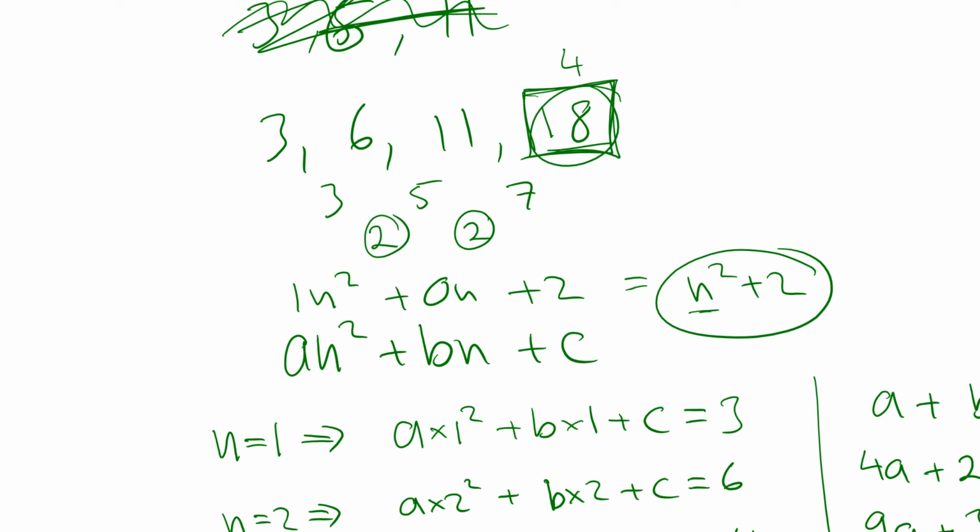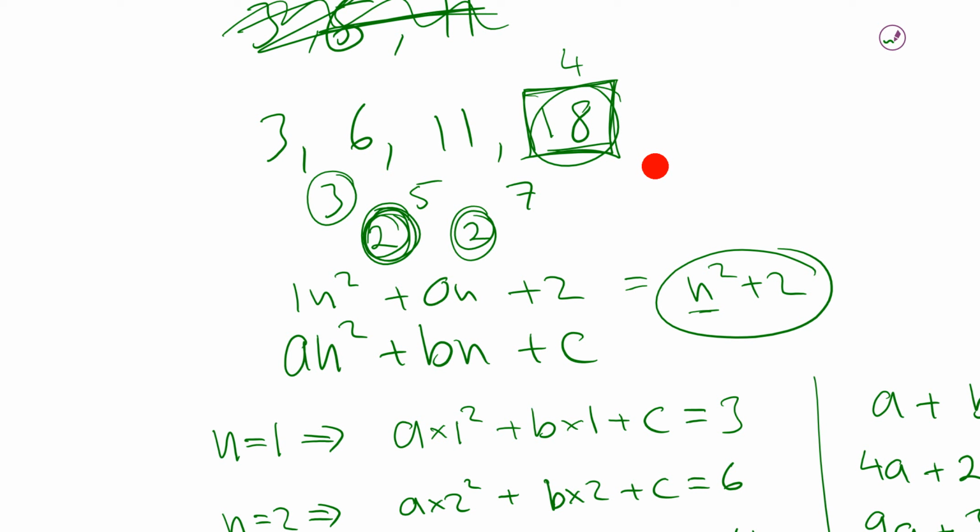It's got a difference of the difference. These are the differences, and these are the differences of the differences. You don't have to say it in a sentence. You just have to be able to recognize it yourself.